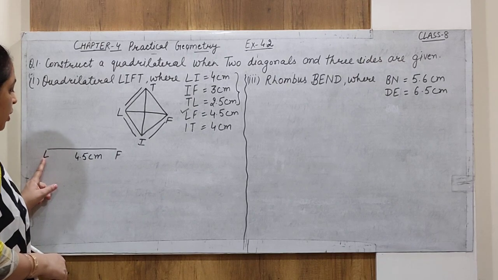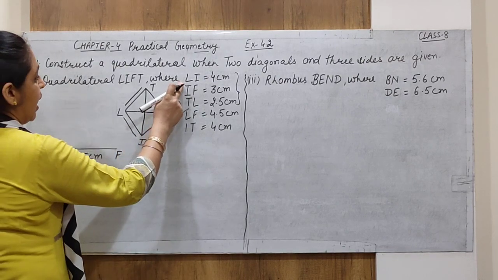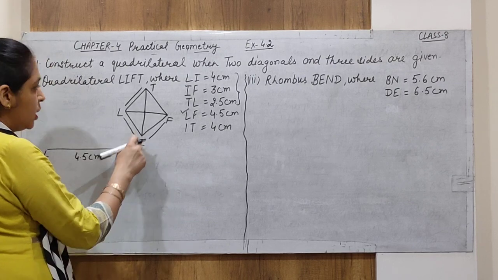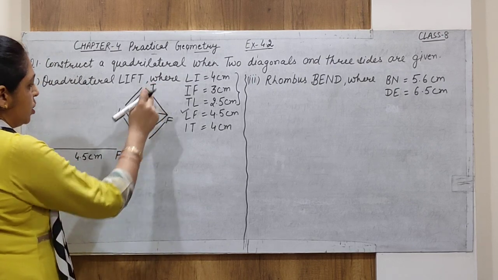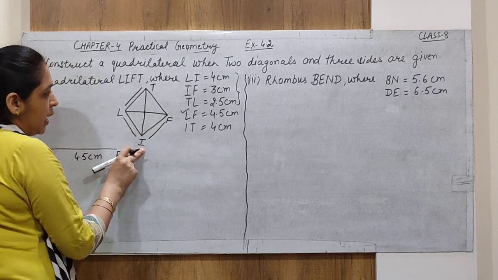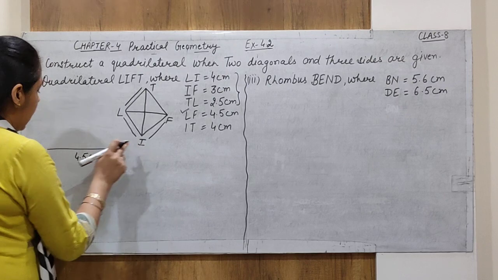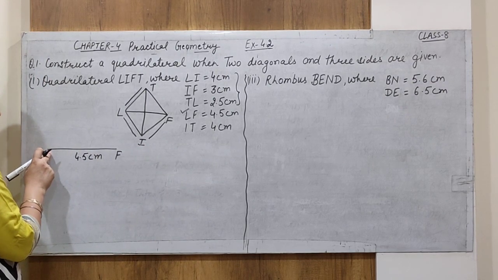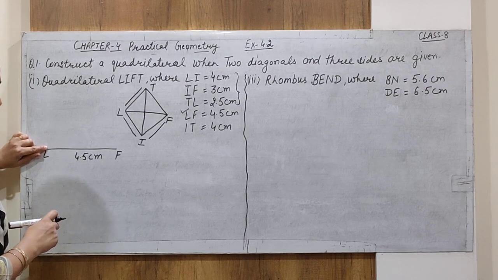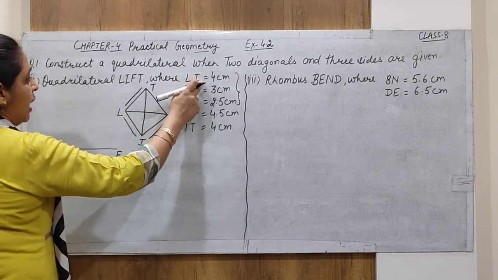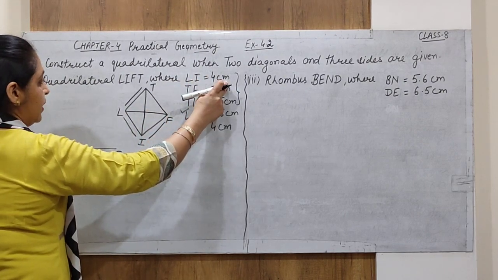From L, which kind of length is given? LI is given. Now I is in the downward direction and T in the upward direction; you can select any direction. If I want to draw LI, I have to draw from L. So taking L as center, draw an arc using your compass tip at L. The length of LI is 4 centimeters.